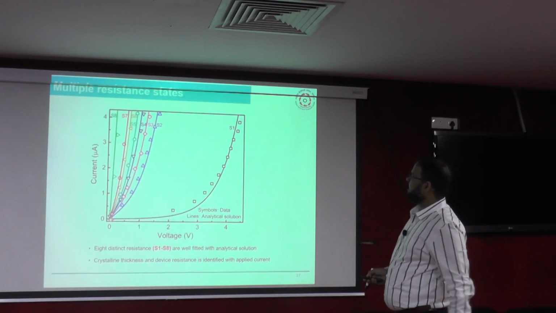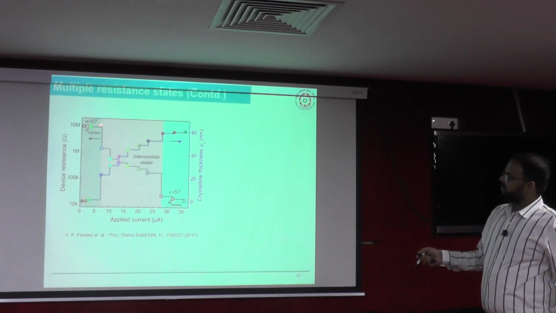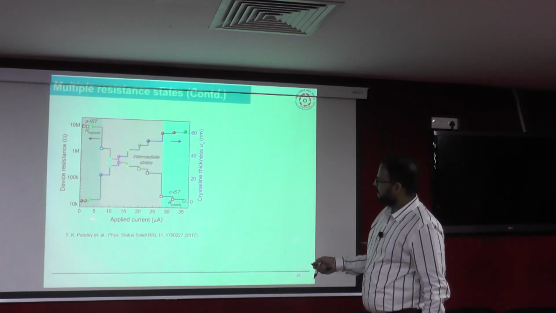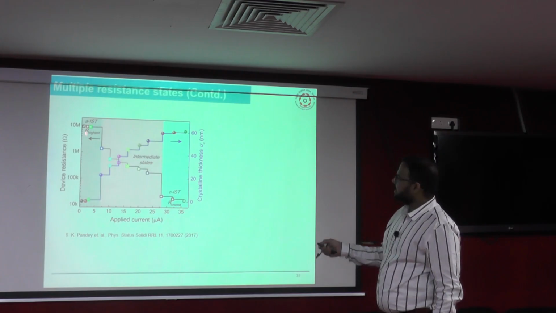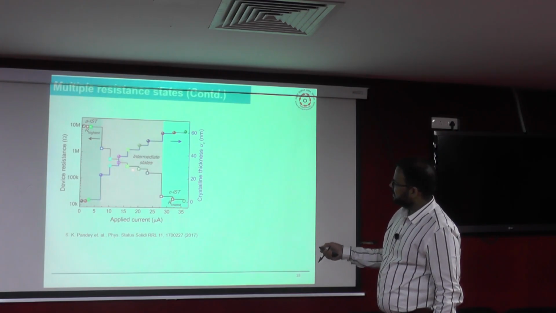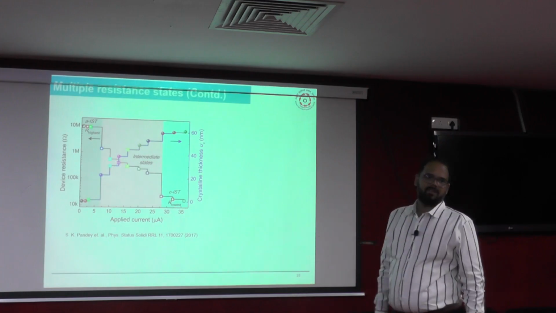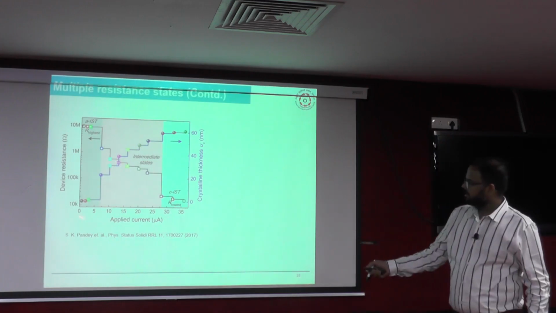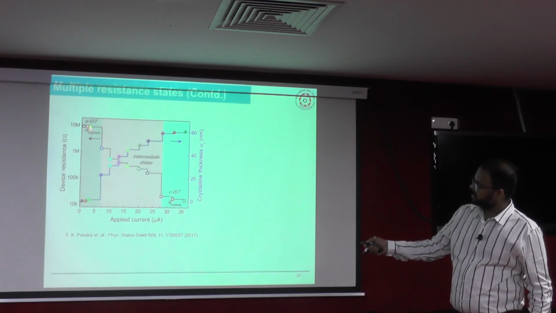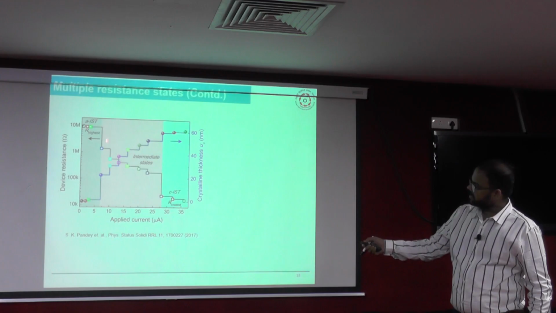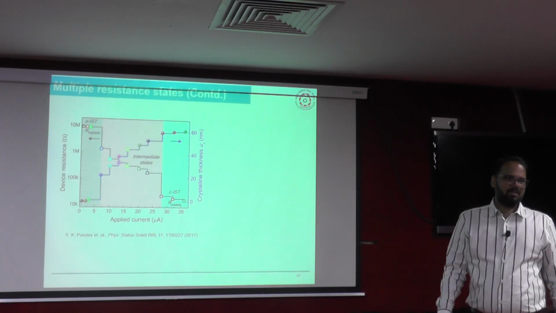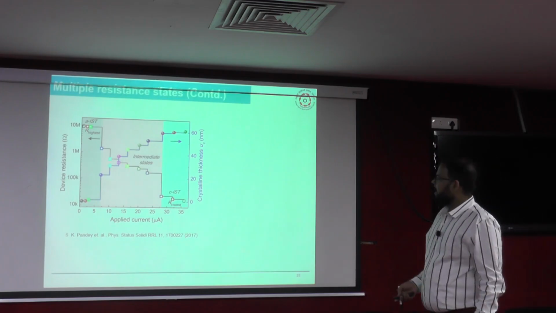Then for proper distinction of these levels, as you increase the current, we can see how each resistance level can be differentiated. The x-axis is your applied current and this is resistance. It could be seen that initially it was high, then suddenly dropped and then systematically dropped, and you can tune this. You can easily tune these materials.